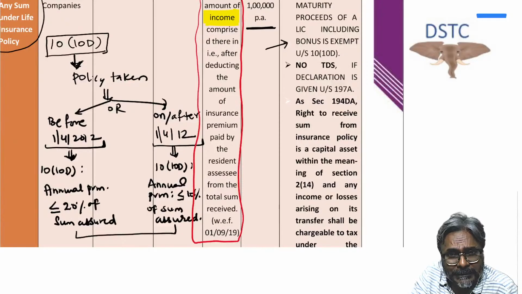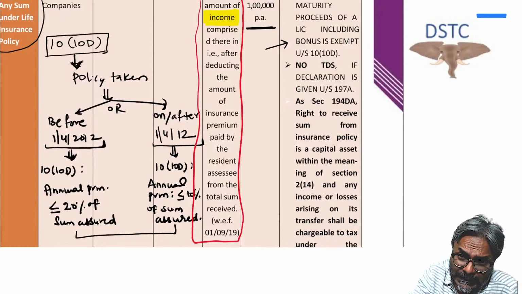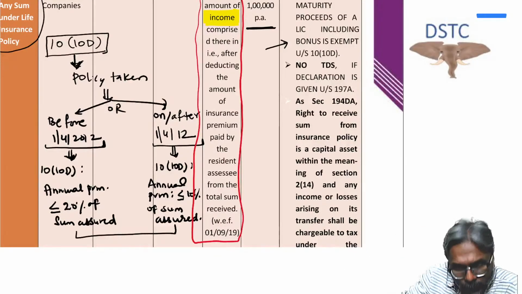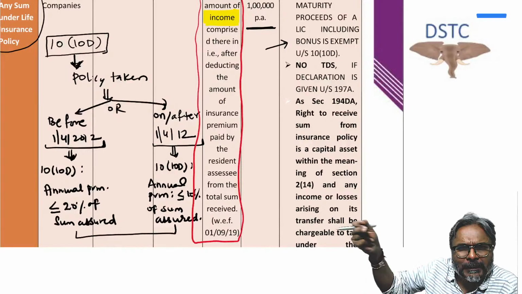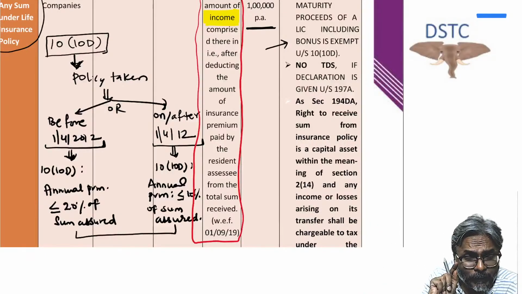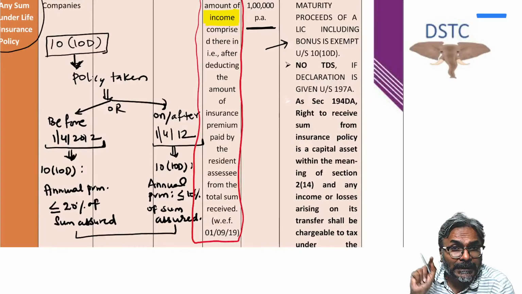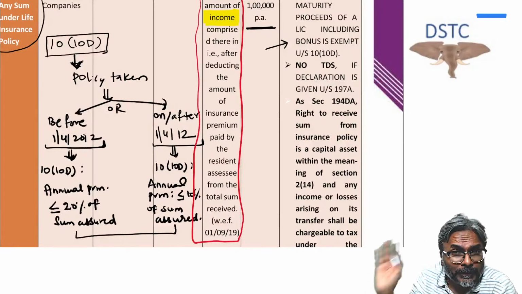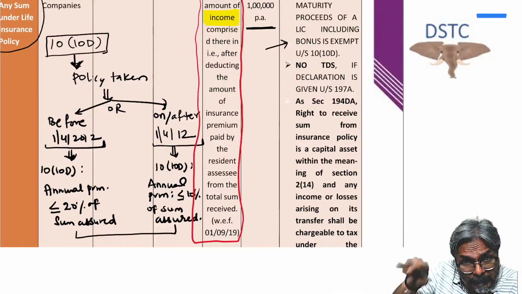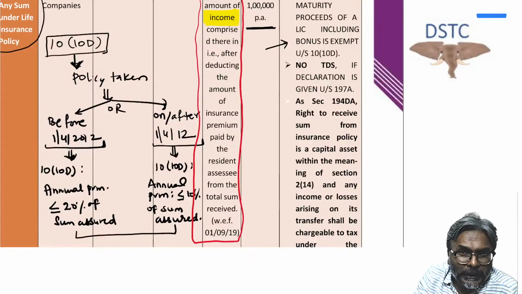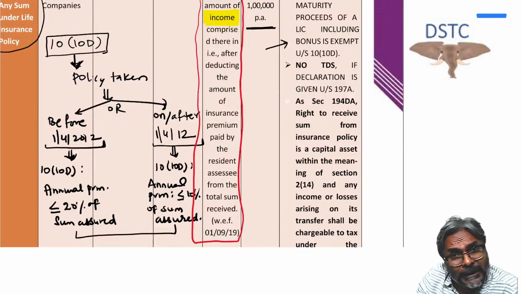Suddenly, for the very first time, you are encountering a case where the TDS is required to be deducted by the insurance company, who is making the payment at the time of maturity, on the income in that payment that they are making to the policy holders. Very unique, isn't it? The income in that payment which they are making to the policyholders.